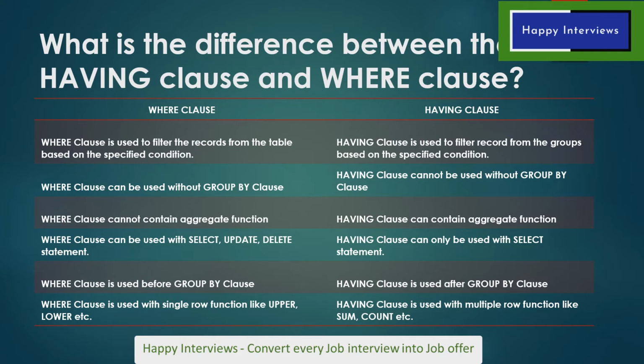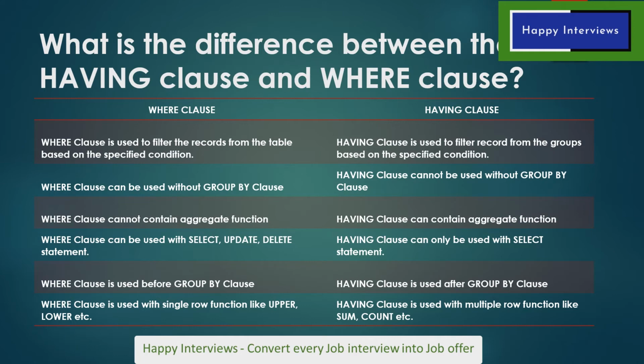Both will take some condition, like having salary greater than 10,000, where salary greater than 10,000, both are okay. But what's the difference? When we are using having, that means we are filtering the records from a particular group, but when we are using where, we are filtering the records from the whole table.